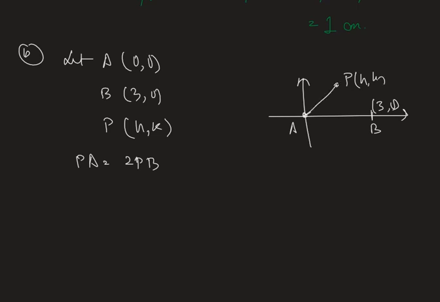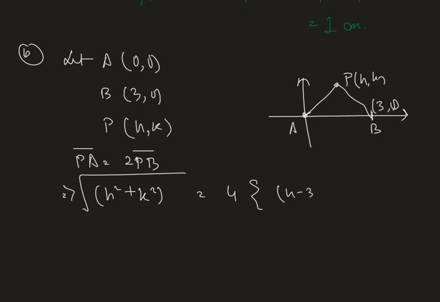Therefore PA is equal to 2PB. Hence the length of PA is root over h square plus k square, which is equal to 2 multiplied by PB, which is root over h minus 3 whole square plus k square.